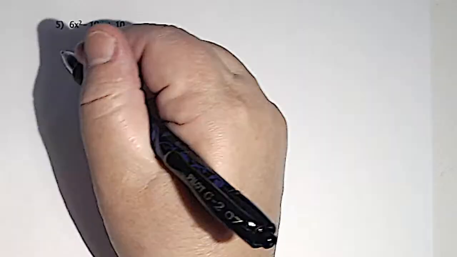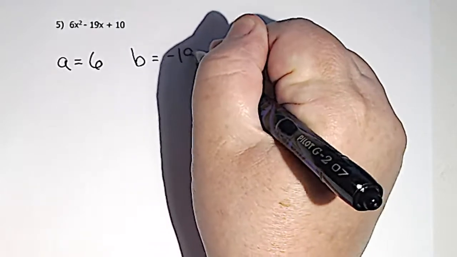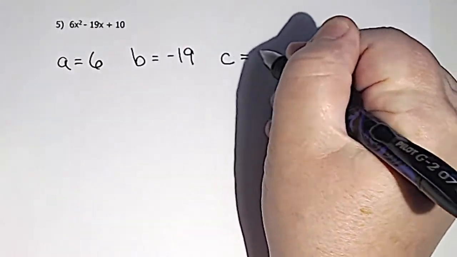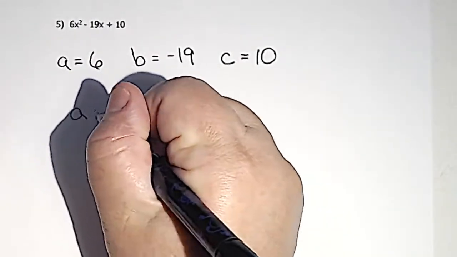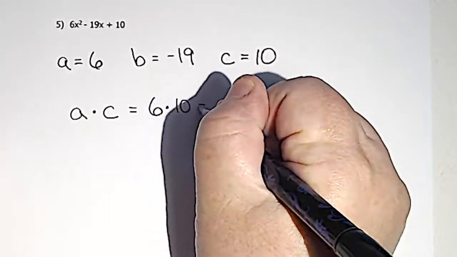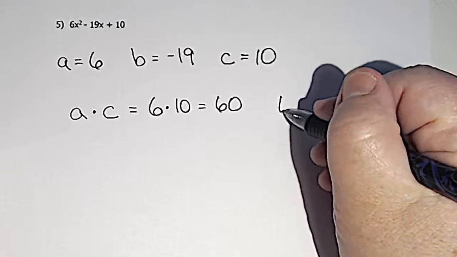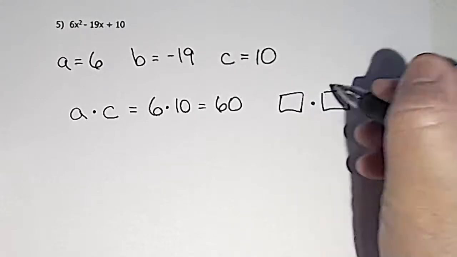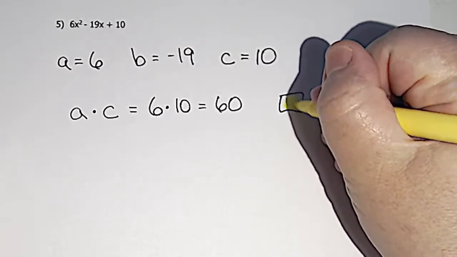So the steps are to write down A, which is 6, B, which in this case is -19, and C, which is 10. So those are the three coefficients, A, B, and C. And the first thing we do is multiply A times C, which in this case is 6 times 10, which is 60. And we need to think of two numbers which when multiplied together give us 60.